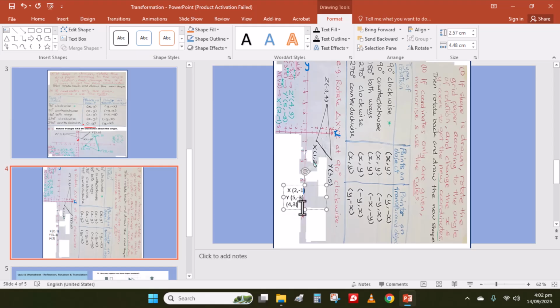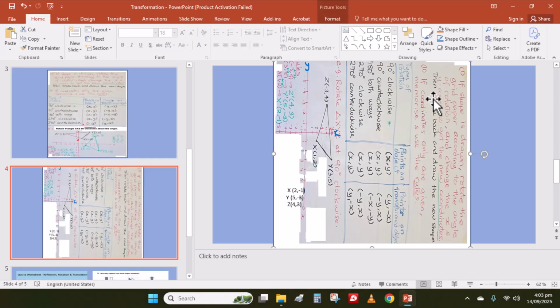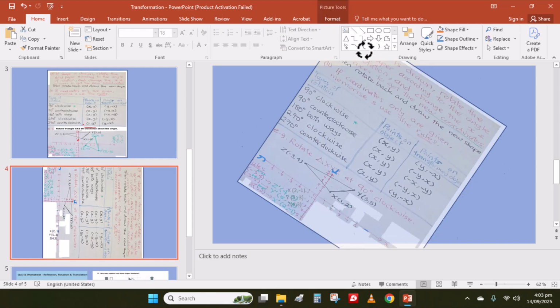After we write this coordinate someplace, we can now rotate the paper. This is point z. We can now rotate the paper back to its original position.